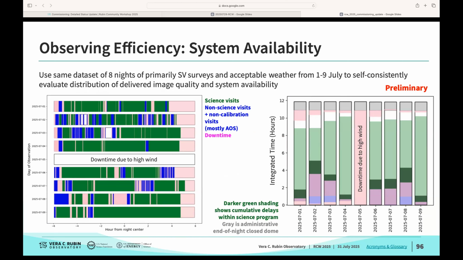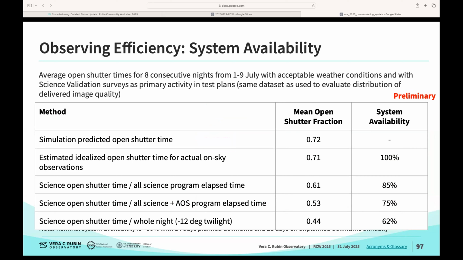If you go to the next slide, there's a summary of some of the numbers. Unfortunately, it looks like this got formatted a little bit funny. But the key message to take away is that the rate of acquiring visits within the science program when we are running the SV survey is on pace to be able to run the LSST 10-year survey.